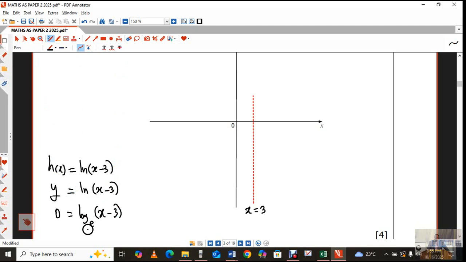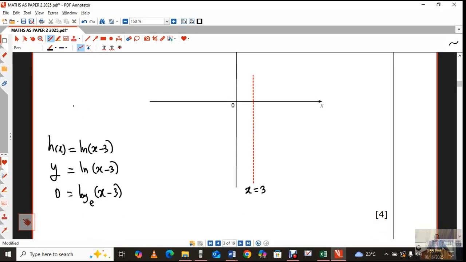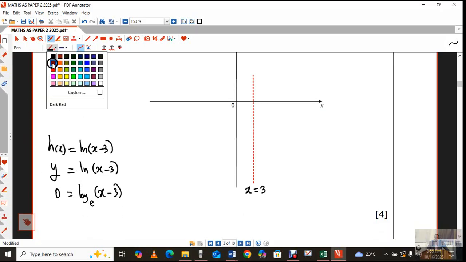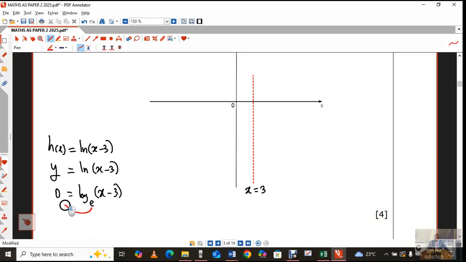It's the same thing. So this gives you e raised to the power of 0 is equal to x minus 3. This eventually will be the same as 1 equals x minus 3. Therefore, x is equal to 4.